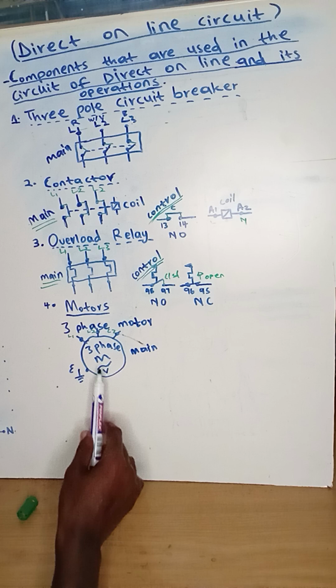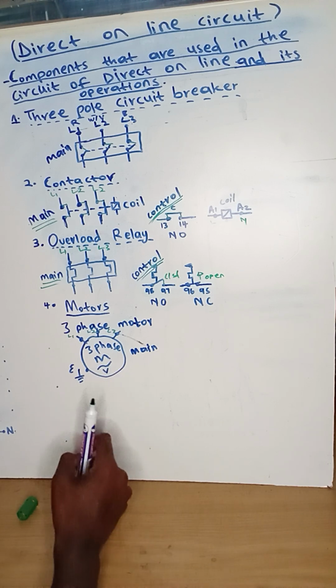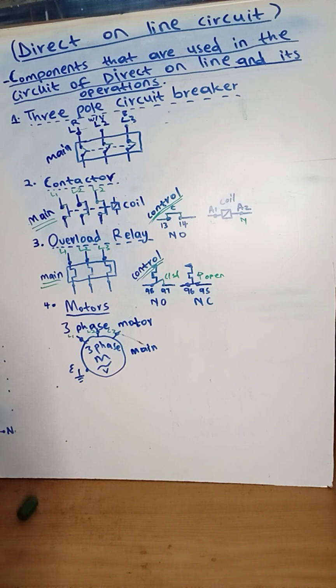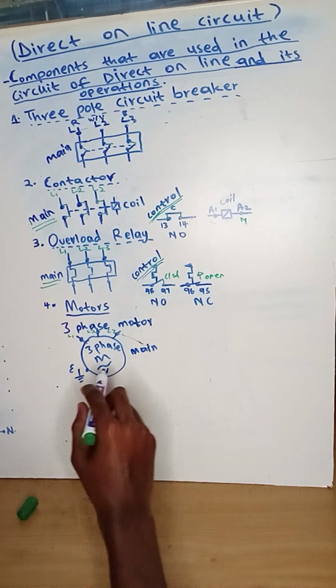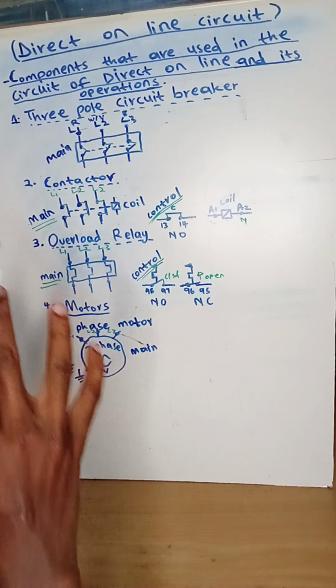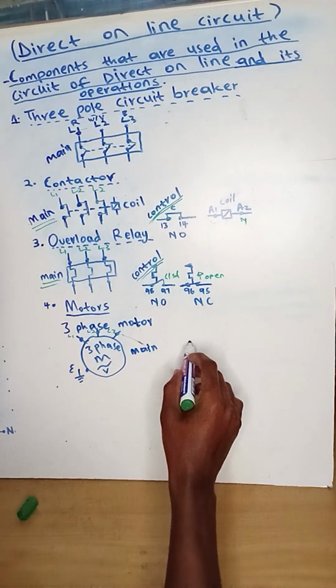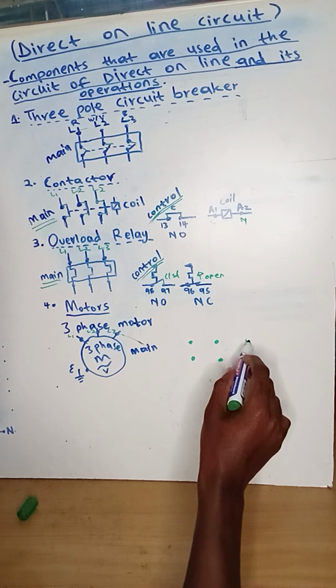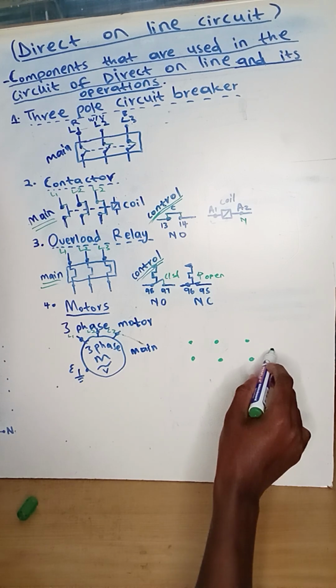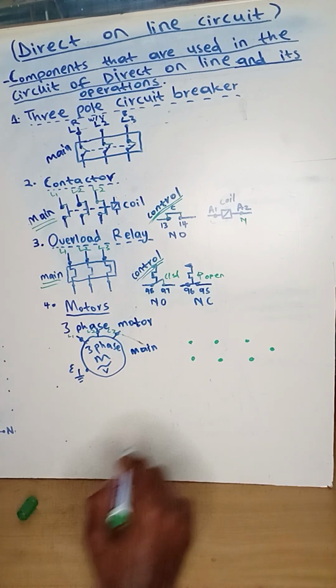Then it will depend on how you connect the motor. But for now, because it's direct online, inside this three-phase motor there are 7 points: 1, 2, 3, 4, 5, 6, and 7.